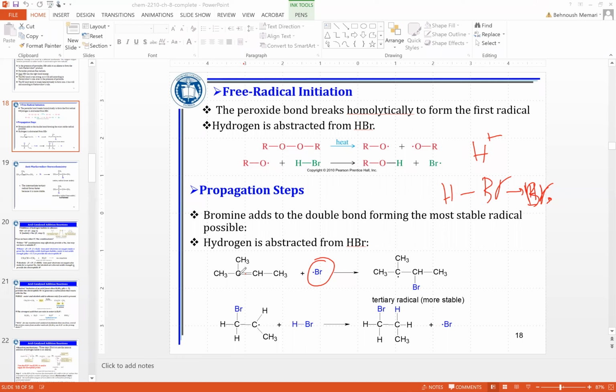And when it does react with the carbon-carbon double bond, you are still looking for the most stable free radical. So in this case, if Br attaches to the carbon that has more hydrogen, the carbon with the least number of hydrogen, or the carbon that is more substituted, is going to take the free radical.